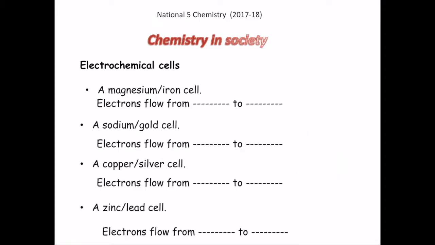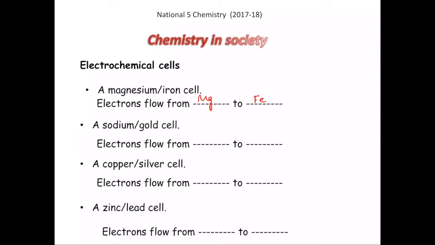Now let's try and predict the flow of electrons in these given cells. Always remember that electrons flow from the metal higher in the metal activity series to the metal lower in the metal activity series. So in the first magnesium iron cell, electrons flow from magnesium to iron.